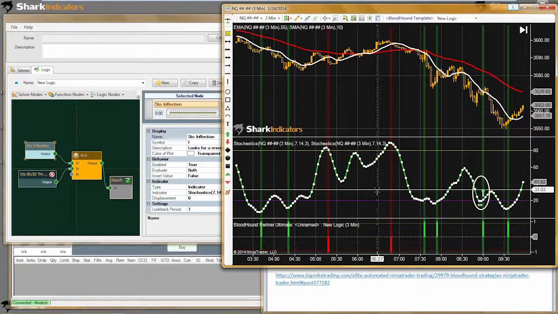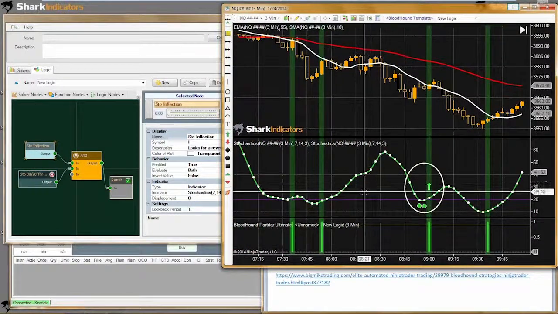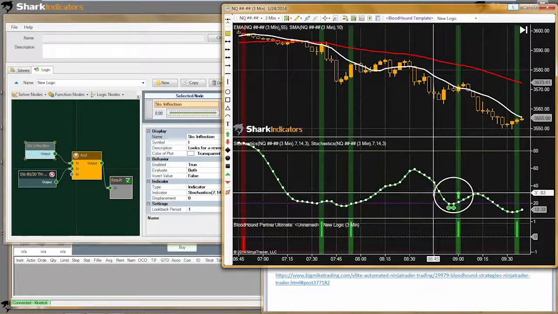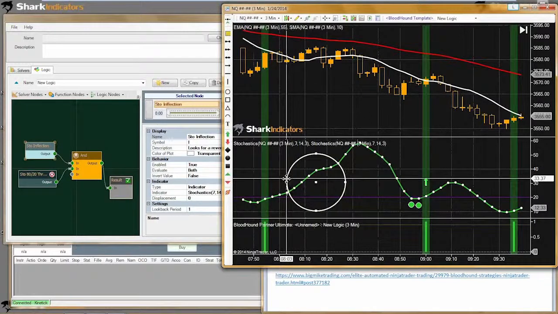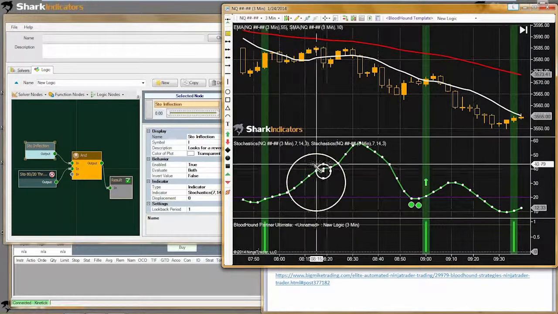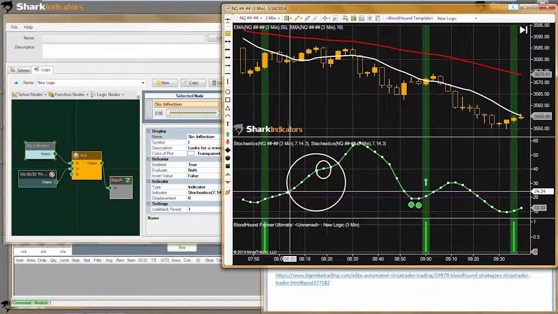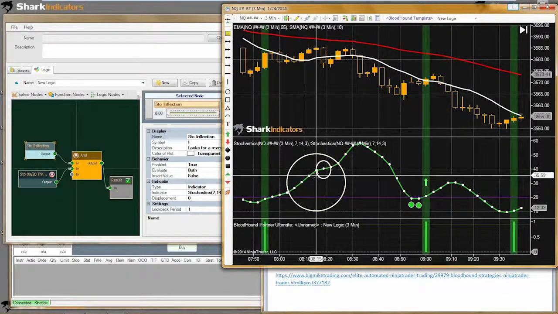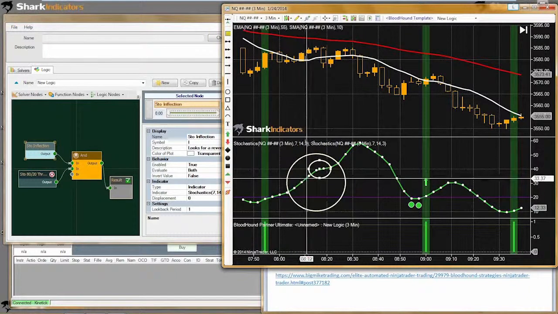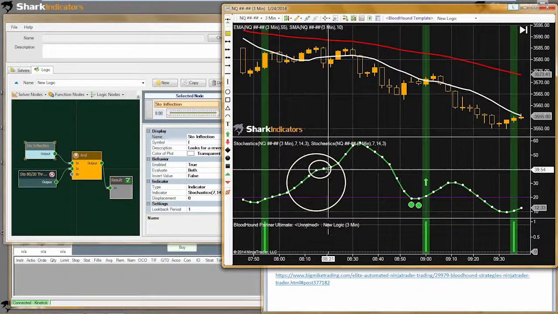Let me find someplace on the stochastic here. Let me stretch this way out. Celso, is this kind of like what you're looking for, this area right in here? We have a steep rising angle on the stochastic, and then the stochastic begins, the slope is still rising, but it's beginning to peter off. Is that kind of what you're asking there, Celso?